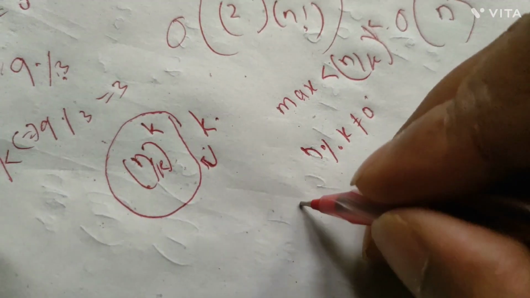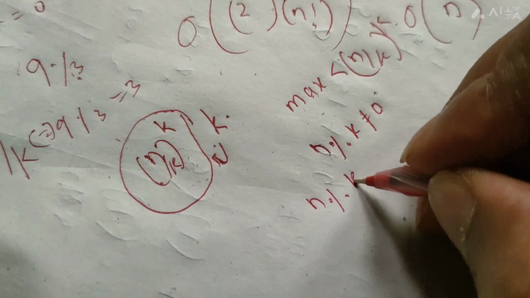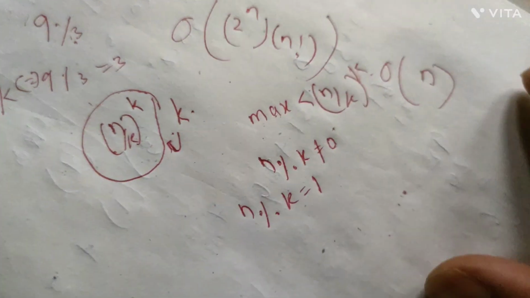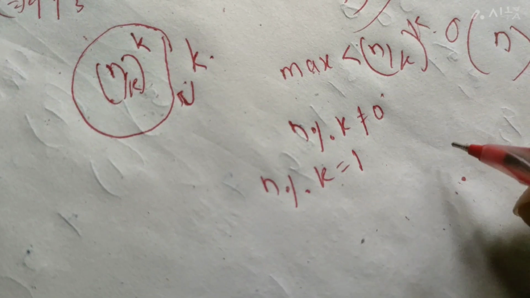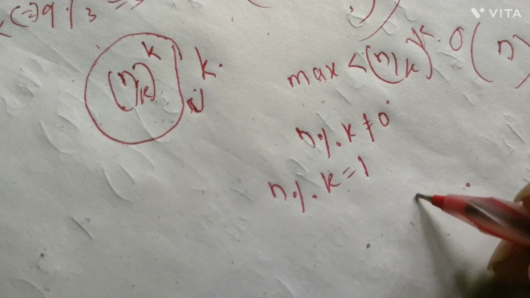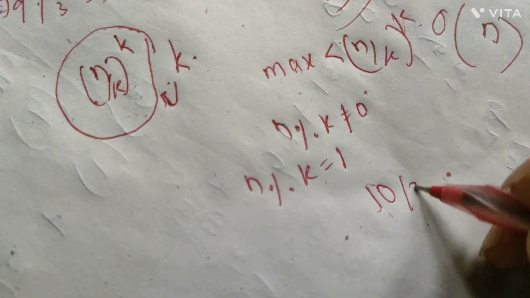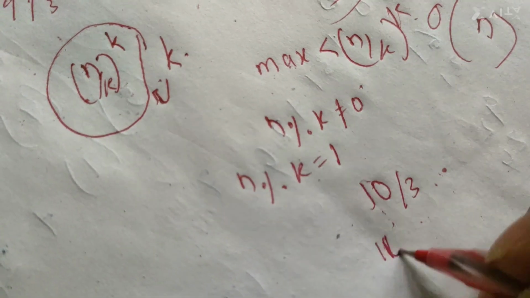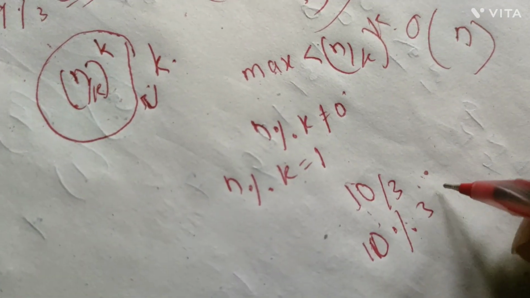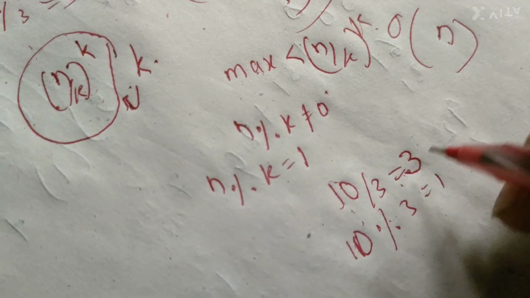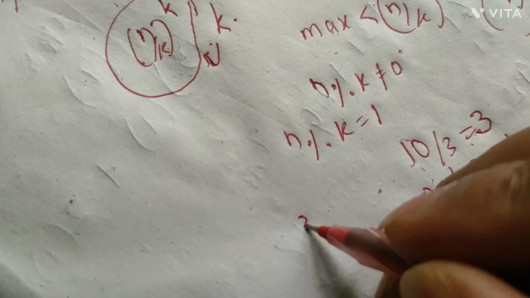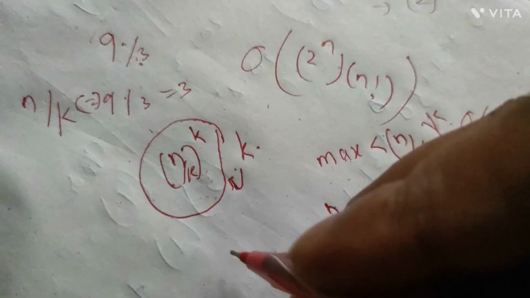But if n modulo k is not equal to 0, then it's a problem. If n modulo k is equal to 1, that means n is not divisible by k and the remainder is 1. For example, 10 divided by 3 and 10 modulo 3 is 1. This is the best example.